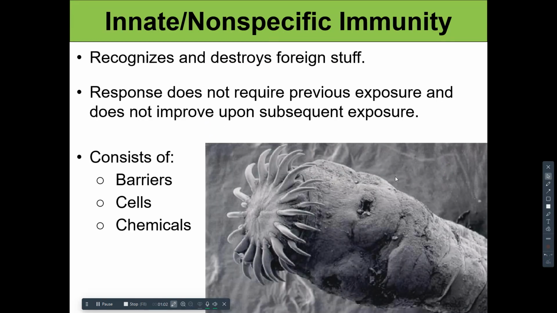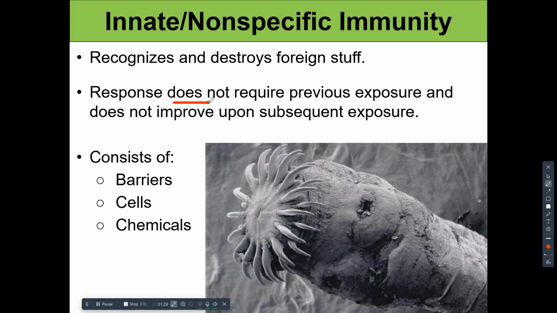All right, so our innate or non-specific immune system, it's going to recognize and destroy foreign things, but the response does not require any sort of previous exposure. So you don't have to have seen the antigen beforehand, and also you don't improve upon any subsequent exposure.